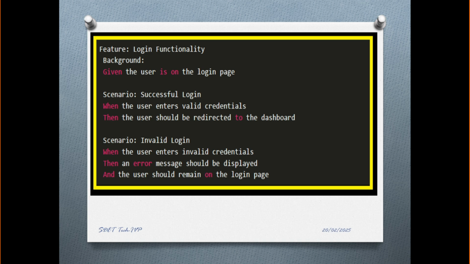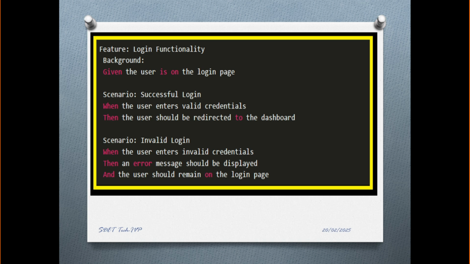And in the successful login scenario, When you enter valid credentials, Then it should be redirected to the dashboard. And for the invalid scenario, When the user enters invalid credentials, Then it should throw an error message, But the user is still on the same page and gets the error message.